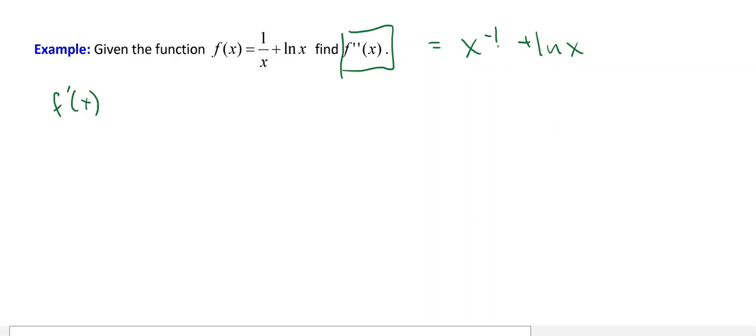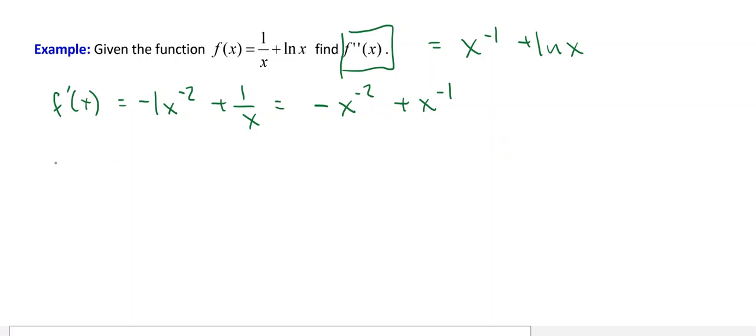And so the derivative of x to the negative 1 is negative 1x to the negative 2. The derivative of the log of x is 1 over x, the same as what we started with here. And so this would be negative x to the negative 2 plus x to the negative 1.